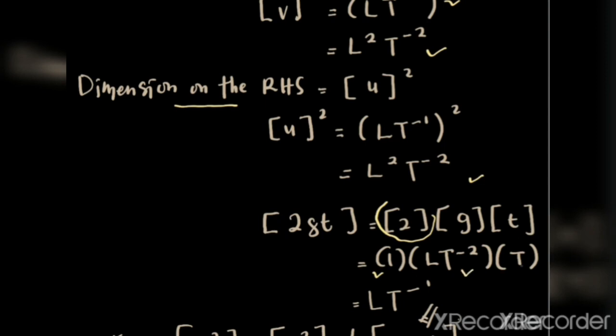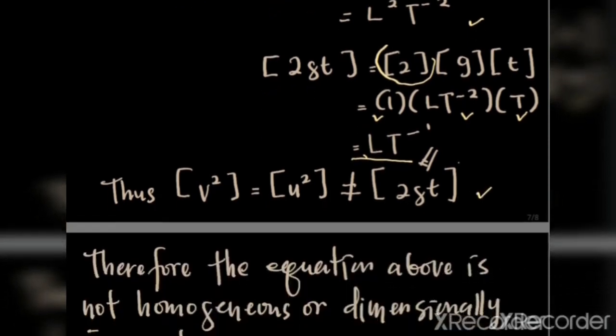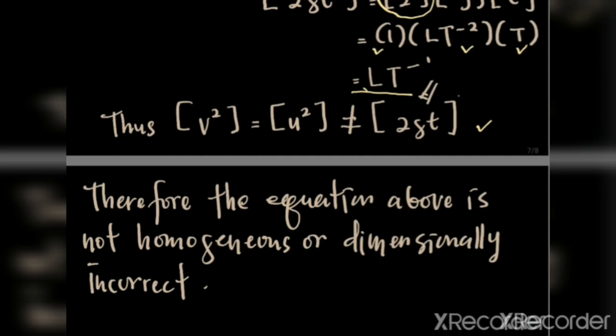And for time, the dimension is capital T. So the dimension for 2gt is LT^-1. Thus, when we compare, the dimension of v² equals the dimension of u², but is not equal to the dimension of 2gt. So what is the conclusion? Therefore, the equation above is not homogeneous or dimensionally incorrect.